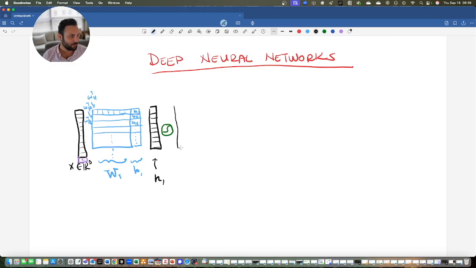And therefore, I will have an activation whose elements, this A11, is going to be sigma of H11. And similarly, this guy A12 is going to be sigma of H12, and so on and so forth. And I'm going to call this vector A1.